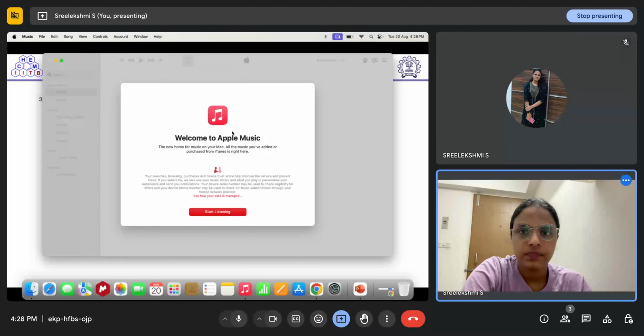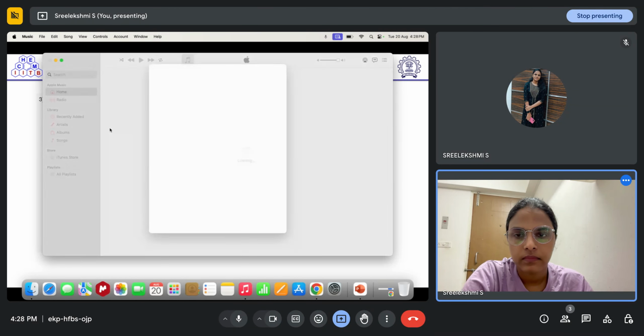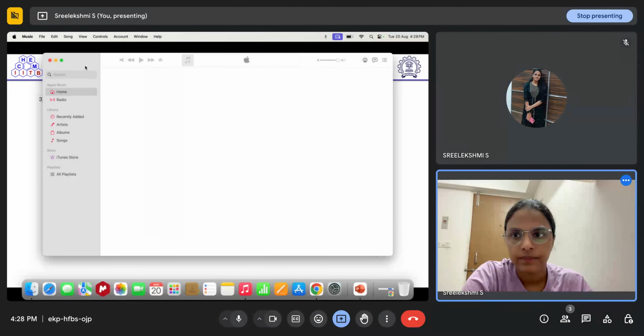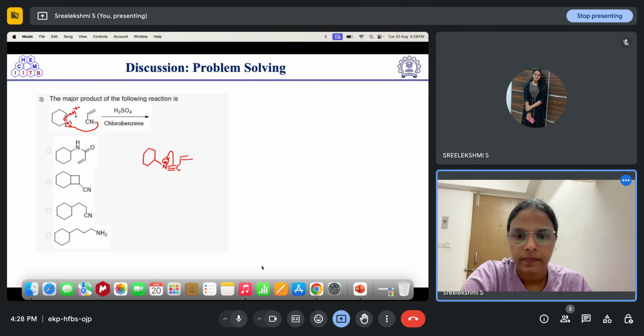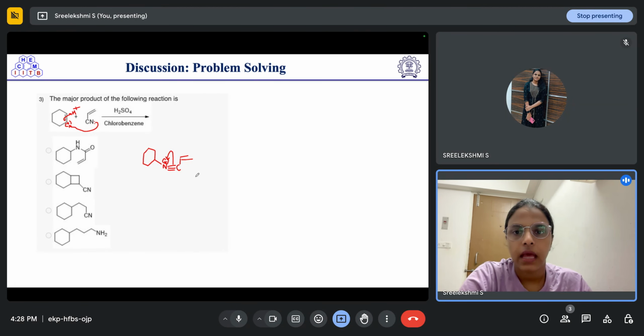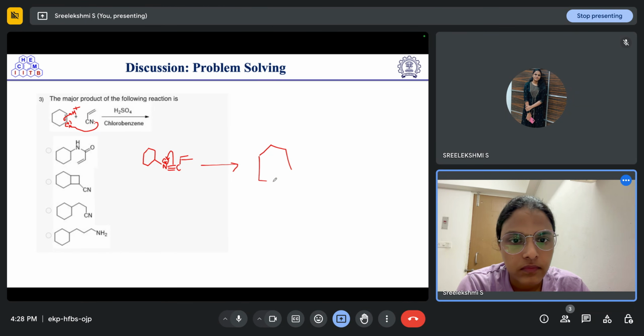So it will be basically resulting in this particular compound here, N double bond C positive, with this vinyl group.